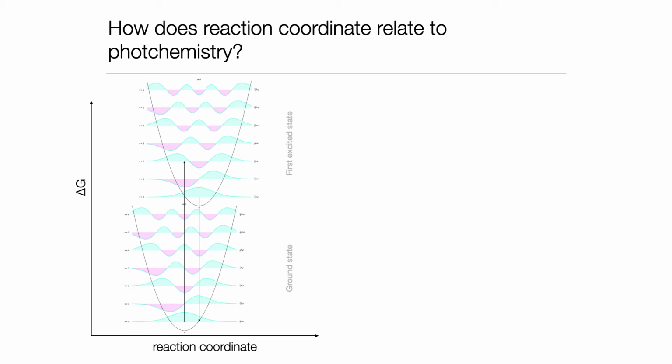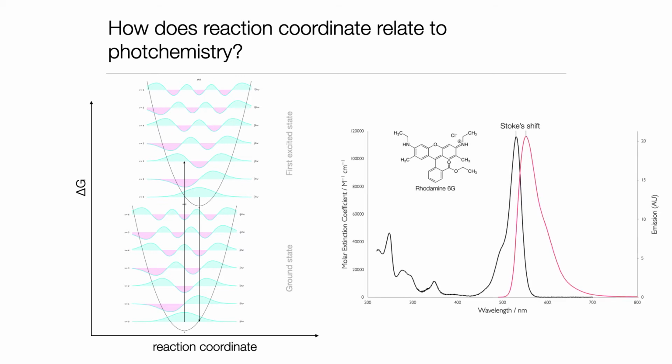And we've seen this, and we've labelled this difference in energy between my absorption and my emission transition as my Stokes shift. And this Stokes shift is very much this idea that we have this difference in energy between my ground and my excited state structures, this reorganization energy.